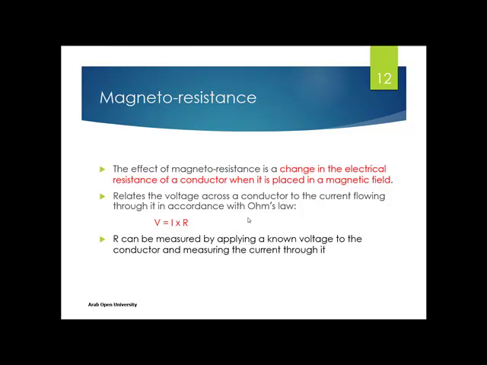So how to do this? Usually this is done by measuring the resistance, and based on the measurement we can decide that this conductor is either magnetized or demagnetized, by applying a voltage and measuring the current. And we all know that the resistance is equal to voltage over current.